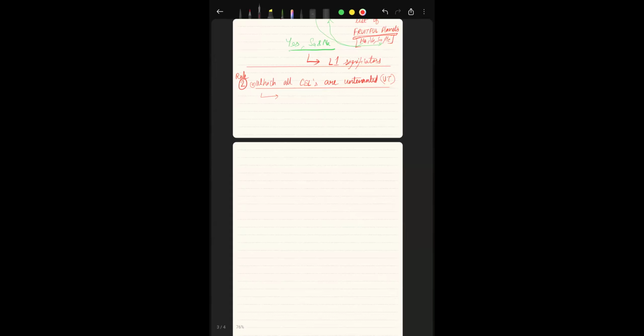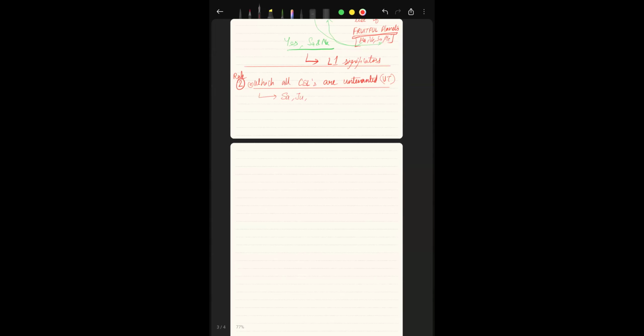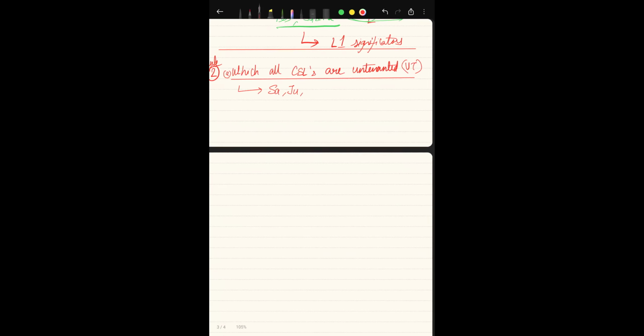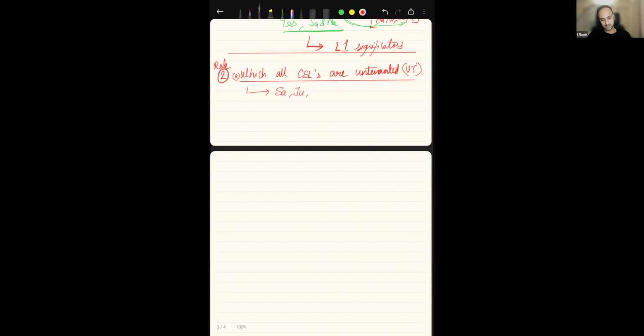Second CSL is untenanted. Tell me the planet names. Saturn, Jupiter, Mercury.